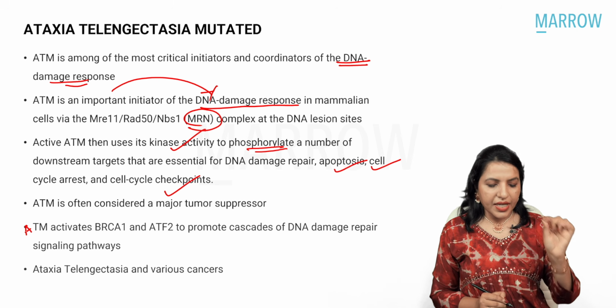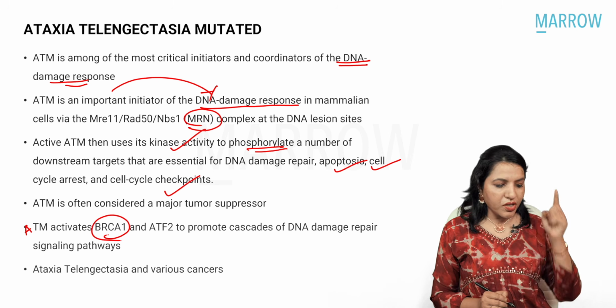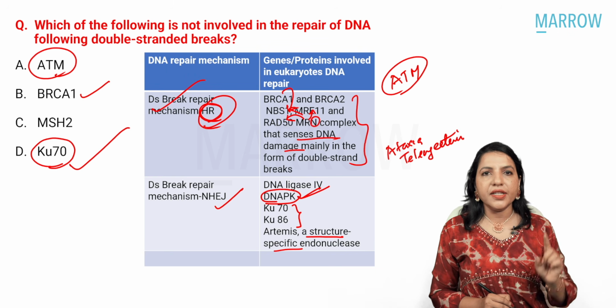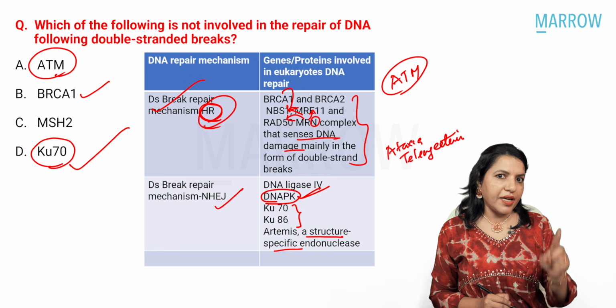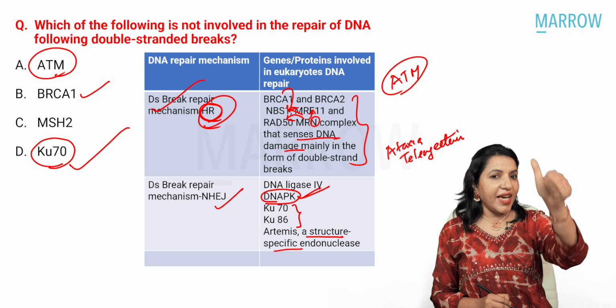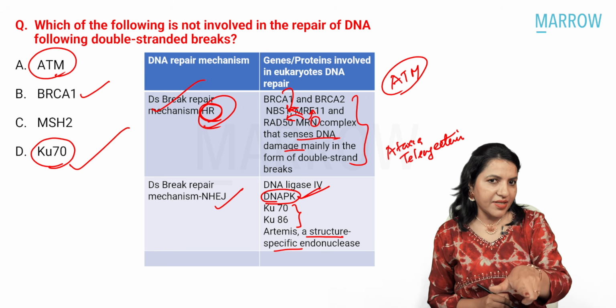Okay. So ATM activates BRCA1. What is the role of BRCA1? BRCA1 is involved in the double strand break repair mechanism by homologous recombination. Apart from that, we know ATM activates the MRN complex. ATM activates BRCA1.